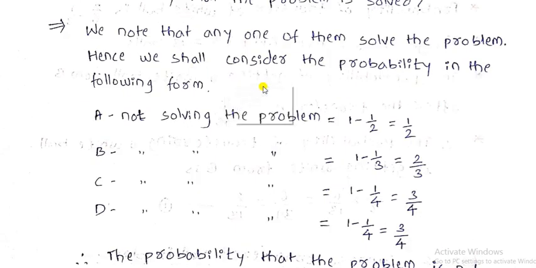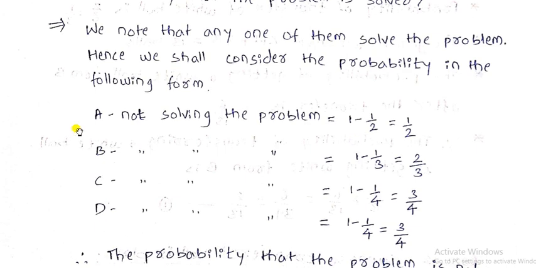By observing the above problem, we identify that out of 4 students, any one of them can solve the problem. Hence, we shall consider the probability in the following way. In reverse order, we will solve the example. Here we take A cannot solve the problem, which is equal to 1 minus 1 by 2.